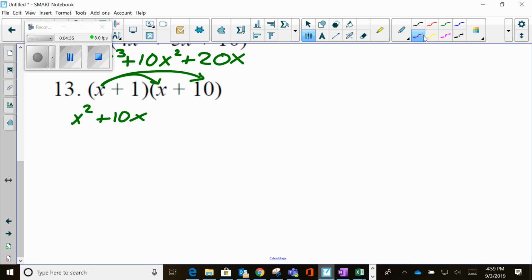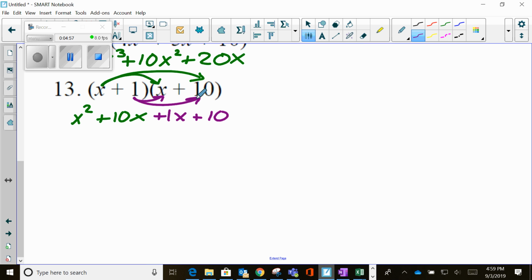Now I also have to distribute the second term in the binomial to everything in the second polynomial. So I'm going to do 1 times x gives me a 1x. 1 times 10 gives me a 10. Notice how I drew my arrows for the first term above the expression and the arrows for my second term below the expression.